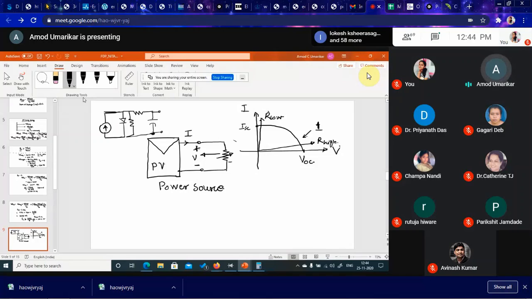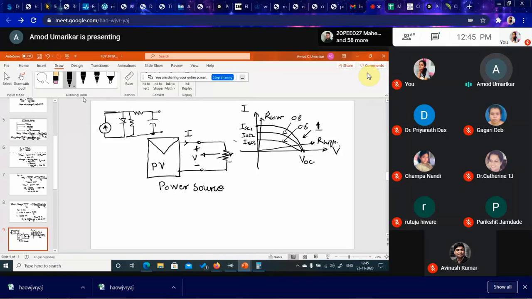When we vary the radiation, we get a similar characteristic as per the variation of resistance, but with short circuit current of different values, let's say 0.8, 0.6, like this.